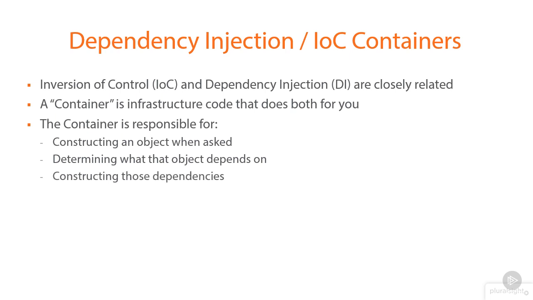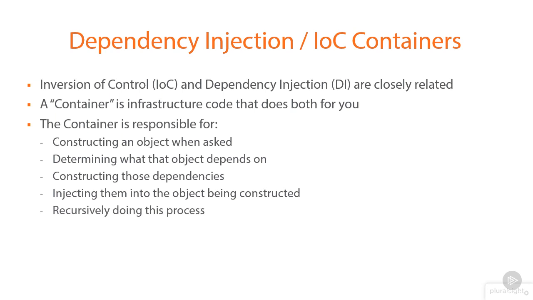To provide those dependencies, the container will then construct those dependencies, and will inject them into the object that's being constructed. But the dependencies being constructed may have dependencies of their own, and so on. So you have to recursively do this process until an entire object graph is built up from the object you asked for down through all of its dependencies.